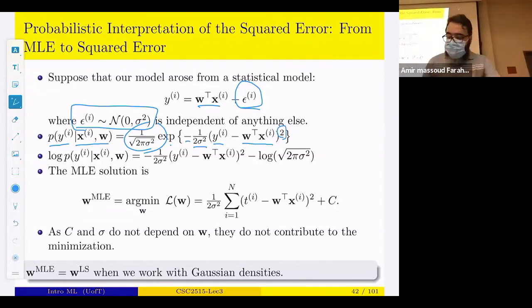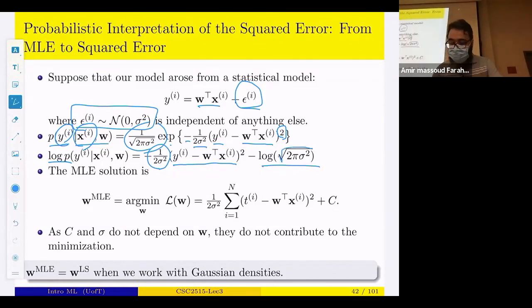So this would be our probabilistic model, or the probability of observing Yi conditioned on Xi and the weights W. So if we compute the log of it, we get minus 1/(2 sigma squared) times (Yi minus W transpose Xi) squared, minus log of the whole thing under the square root of 2 pi sigma squared.